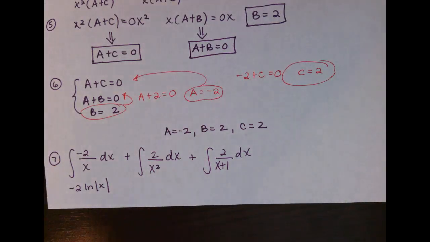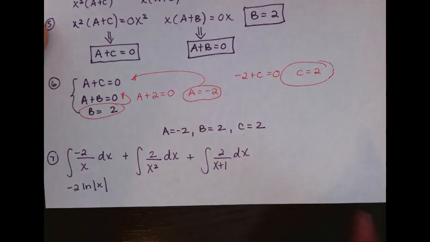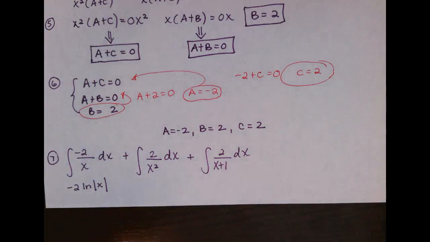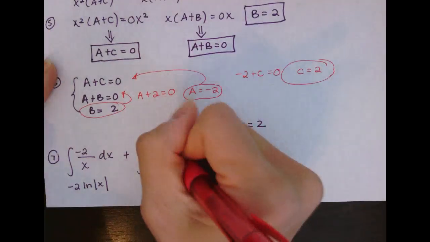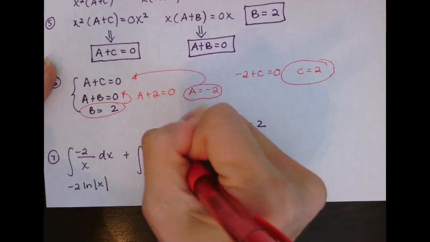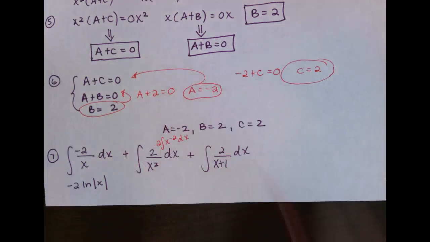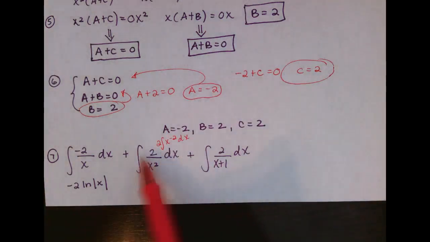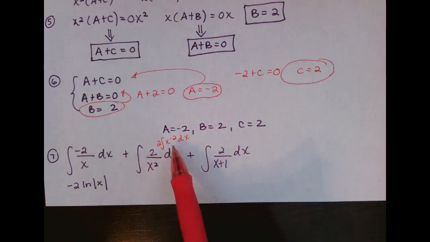In the second one, what you might want to do here is think of this as 2, if you want to pull that constant multiple out, times the antiderivative of x to the negative 2. This time we don't get a natural log.